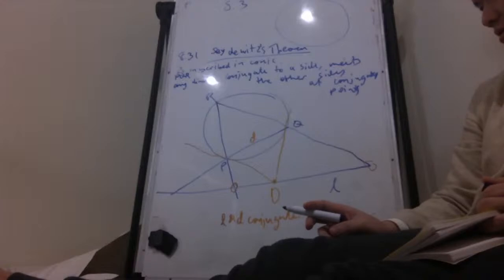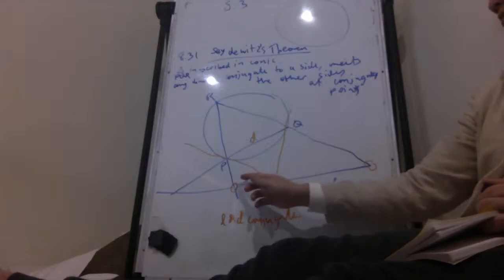Where would you pick it? Can you pick an S that intersects both of them? You just draw a random line.